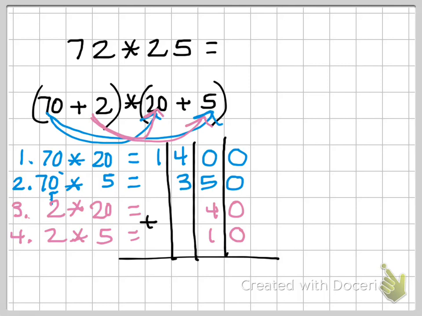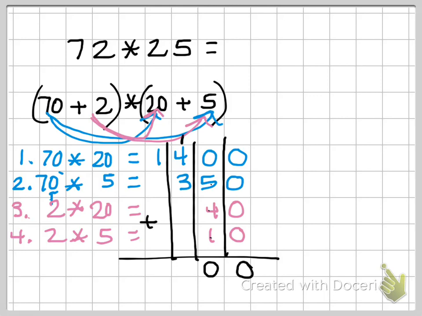In the ones column, I have 0 groups of ones. In the tens column, I have 5 plus 4, which is 9, plus 1, which is 10. Well, 10 groups of 10 is really 100. So we put our 0 down there, we carry our 1 for our 1 group of hundreds.